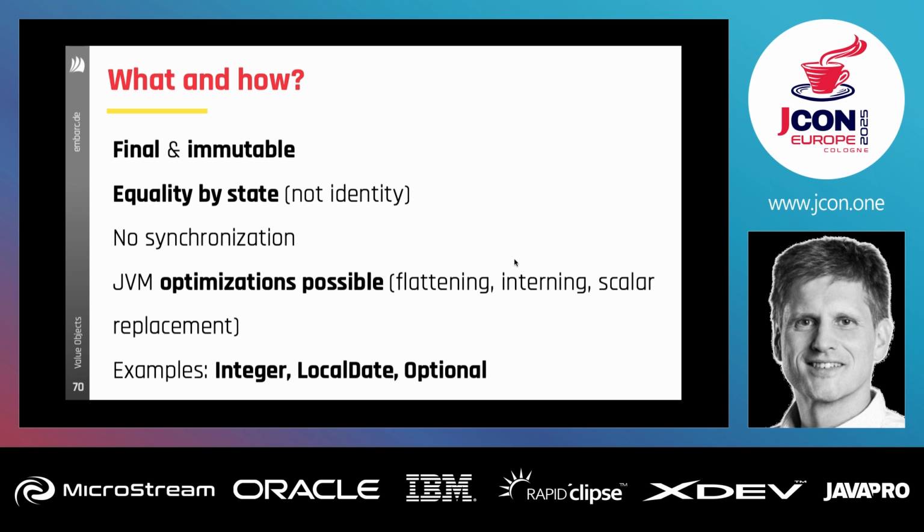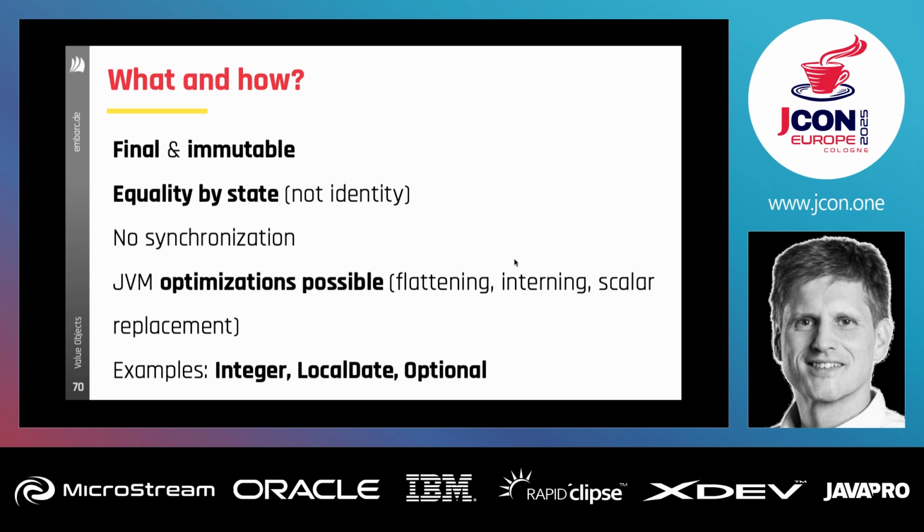Synchronization is not possible. We already talked about it, and the JVM can optimize, like flattening, like interning some information at the place where it is used, and it doesn't have to resolve the references, for example.